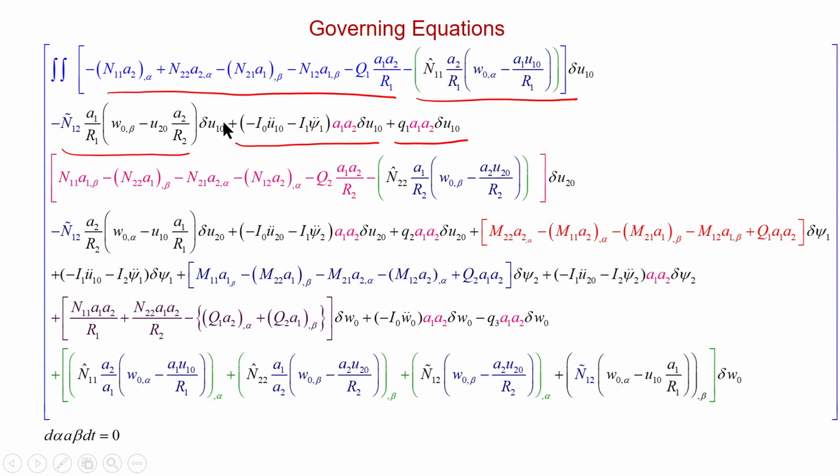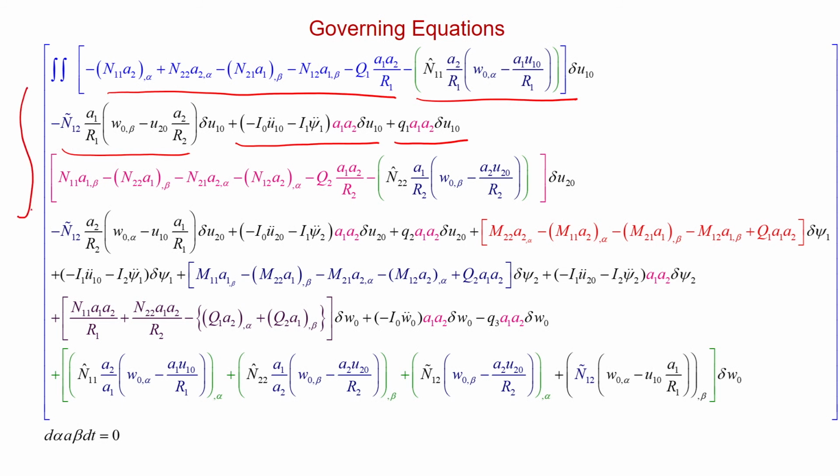Here you see that all are having a del u10 coefficient. So, we have clubbed the del u10 coefficient at one place: kinetic energy, external work done and internal work done.